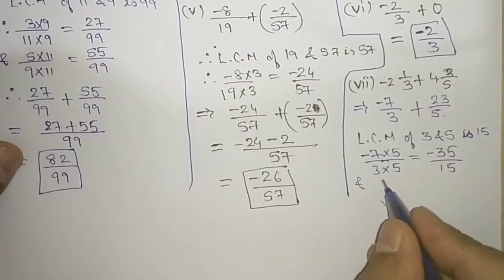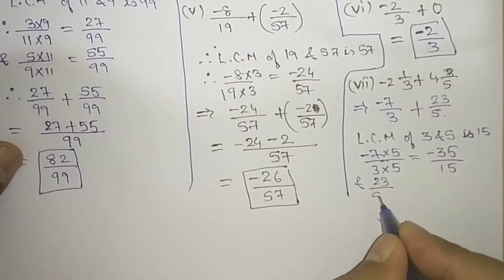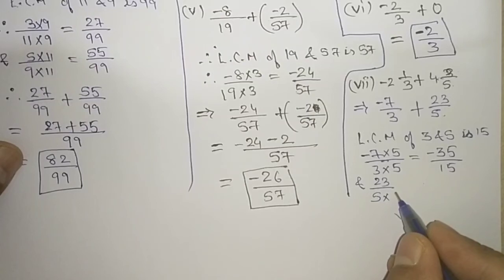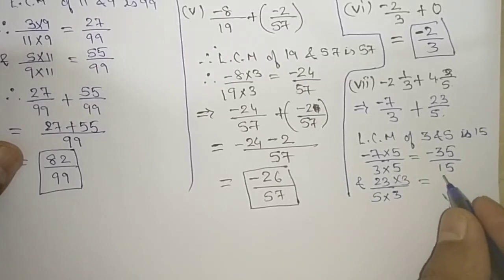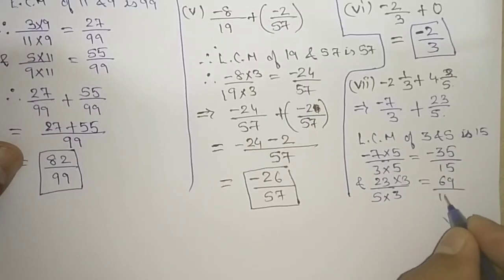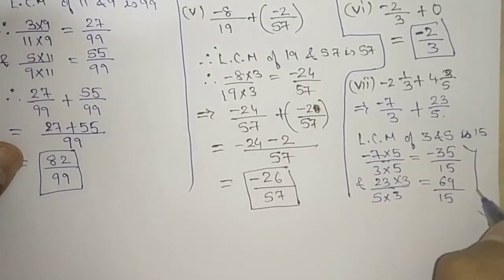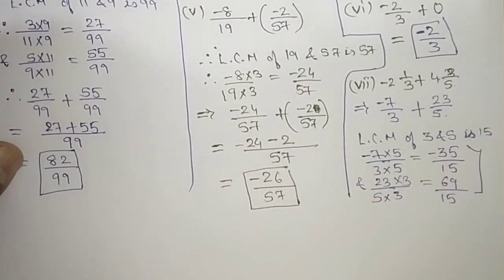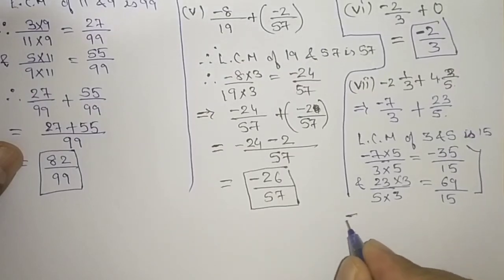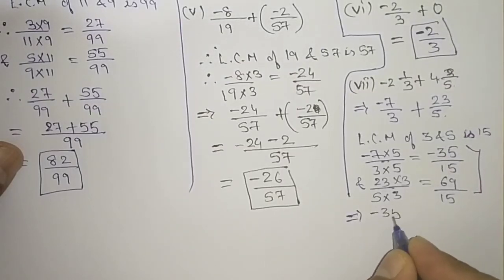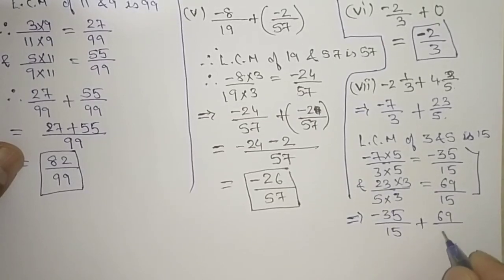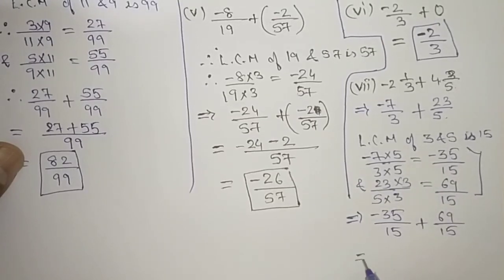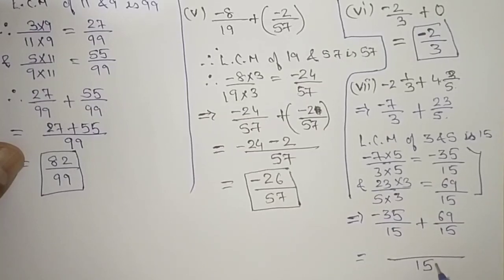And 23 by 5: to make the 5 into 15, I will multiply it by 3. So 23 into 3 will be 69 divided by 15. Now adding these two numbers, we get minus 35 divided by 15 plus 69 divided by 15, the LCM will be 15 only.